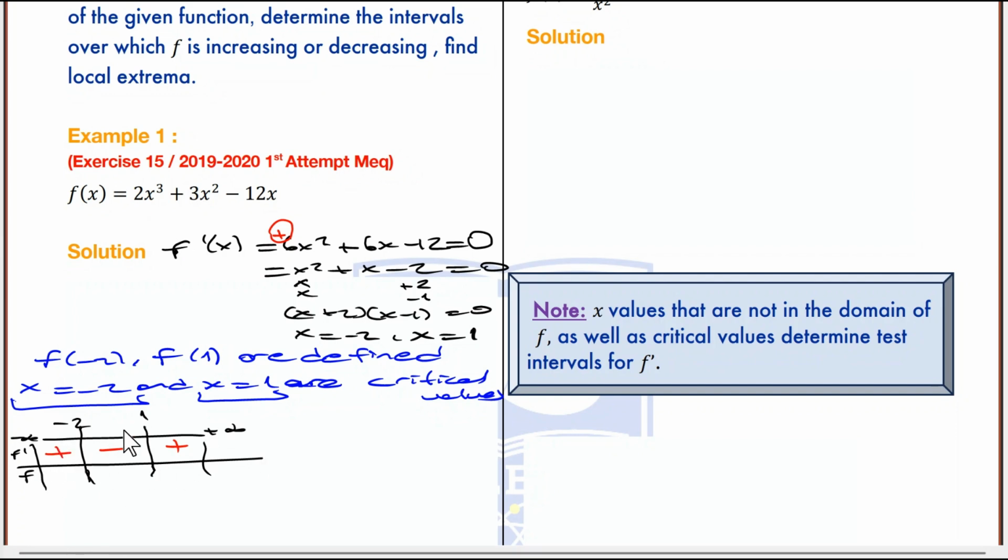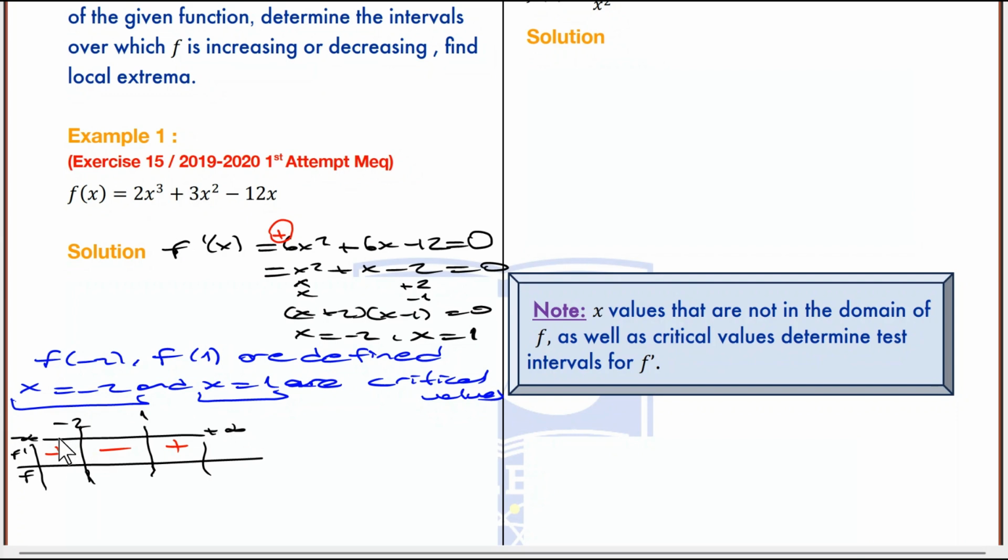But this is not always safe, because sometimes we have double roots and we have to keep the same sign on each side of the number. So I don't recommend using this way. Picking a number from each region is the safest way. When you pick a number to the right of 1, like 2, put 2 back and see the sign, it is positive. Pick a number between negative 2 and 1, like 0, put it back and check the sign, it is negative. Like that, find the sign of each region.